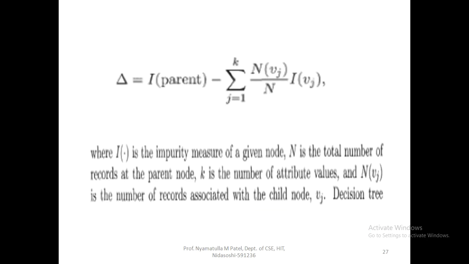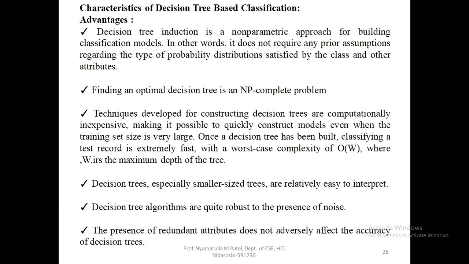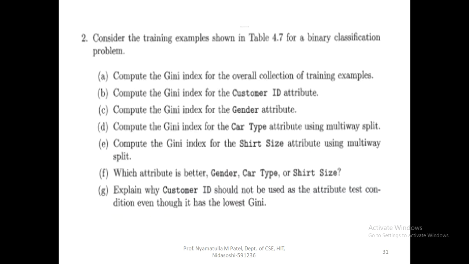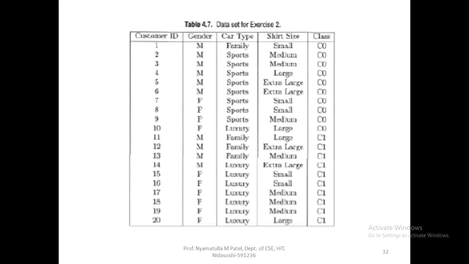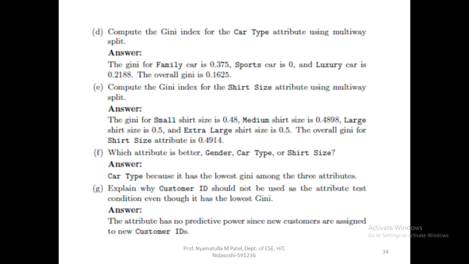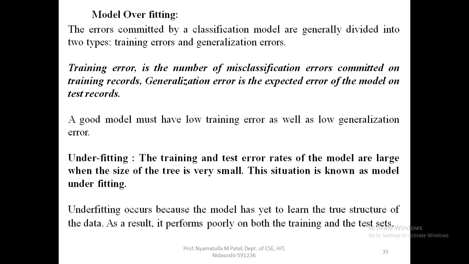In this example we also took the advantages of decision tree based classification, the disadvantages, and the tree replication problem, and we took one numerical example on finding out which is the better attribute, and why Gini cannot be calculated for the customer ID attribute.